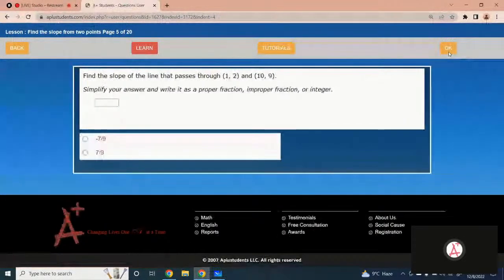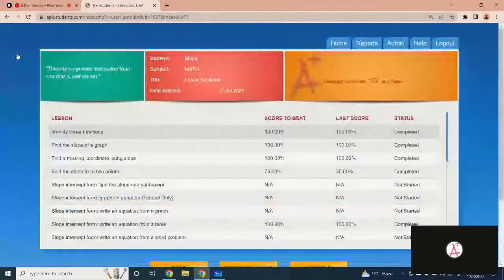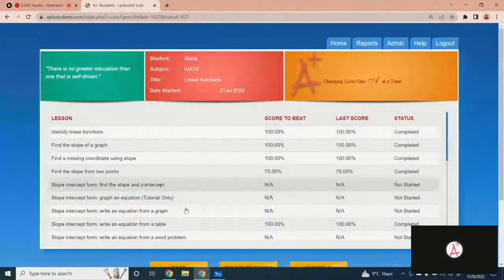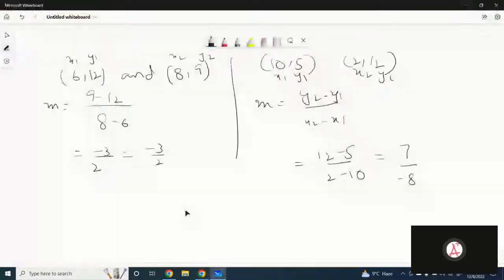Okay, you can complete the test by yourself later today. Let me just move on to the next one, slope intercept form, find the slope and y-intercept. Let me write down the lesson name, then we'll start.